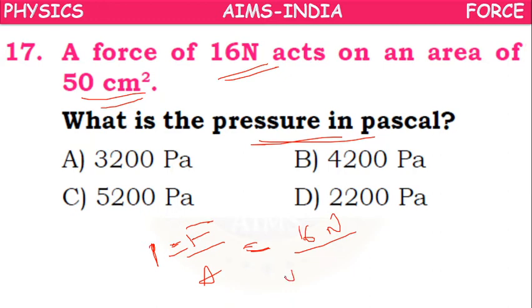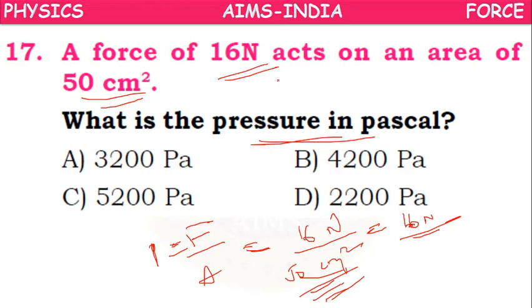By area, how much? 50 centimeter square. But while doing calculations, we have to take all the units in the MKS system. In the MKS system, the unit for area is meter square.